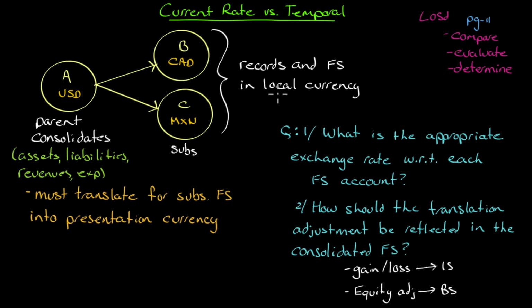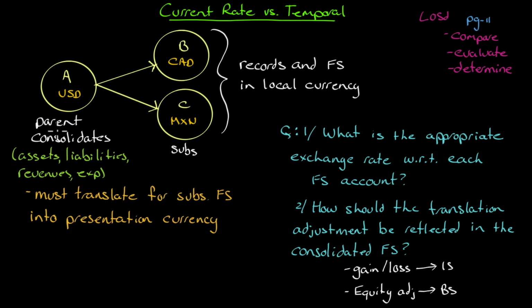So their records and their financial statements are in local currencies, but the parent must consolidate the assets, liabilities, revenues, and expenses. So they must translate whatever balances are on the statements as of the date. They must translate the subsidiaries' financial statements into the presentation currency.